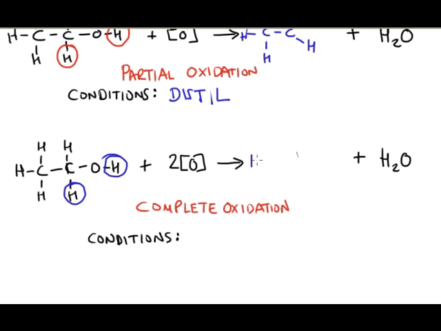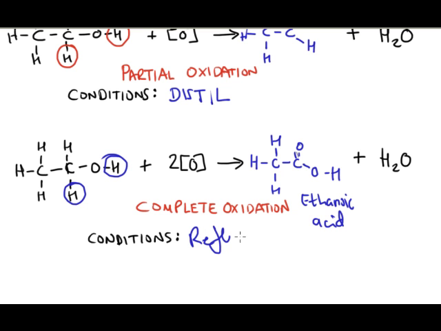So this is the end product, the carboxylic acid called ethanoic acid. And this is formed under reflux with excess potassium dichromate acting as the oxidizing agent.